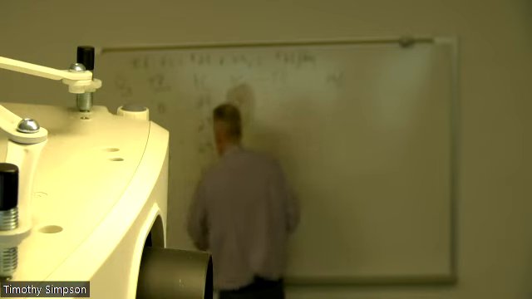Let's do the math here. Change in total cost is 50 minus 25, and the change in total product is 4 units minus 0 units, so you end up with 25 over 4, which equals 6.25.